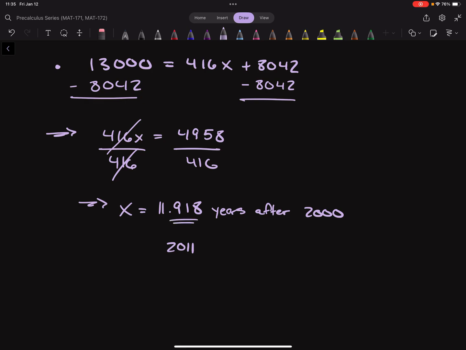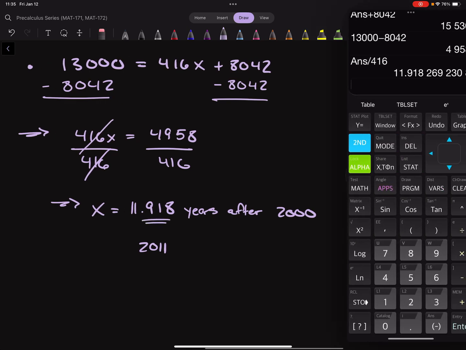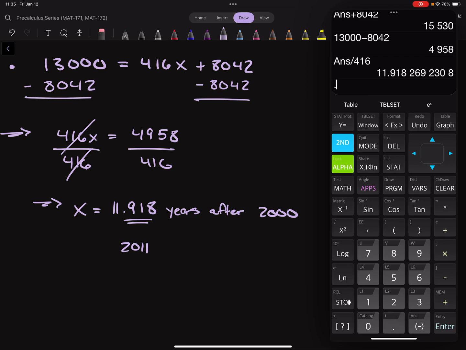All right, so just a little bit of nerd science here. I take that decimal, and this is part of a year, right? So if I multiply it by 12, that'll tell me what month it's in. So it's in November. So November 2011.